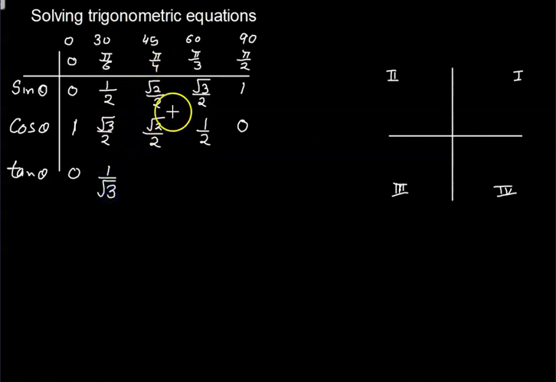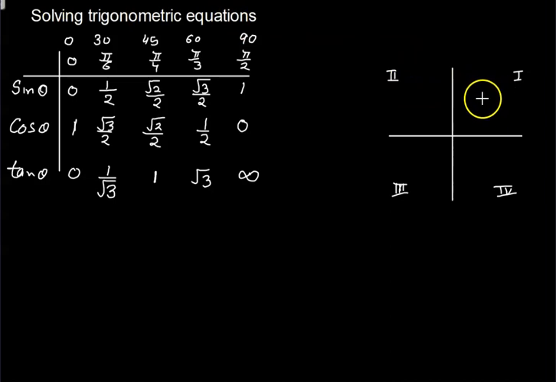When you take the ratio of these two values, they get cancelled with each other and give you 1. Then take the ratio of these two values: square root 3 over 2 over 1 over 2 gives you square root 3. And at 90, 1 over 0 makes it undefined. So we write undefined.